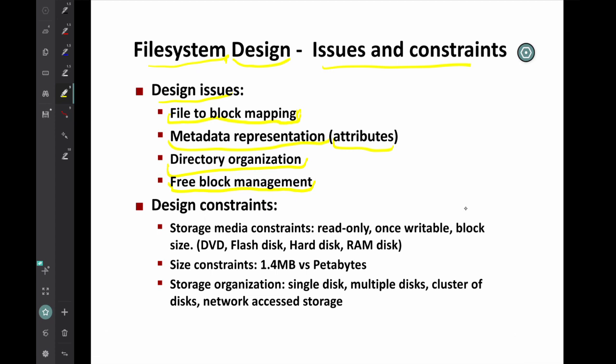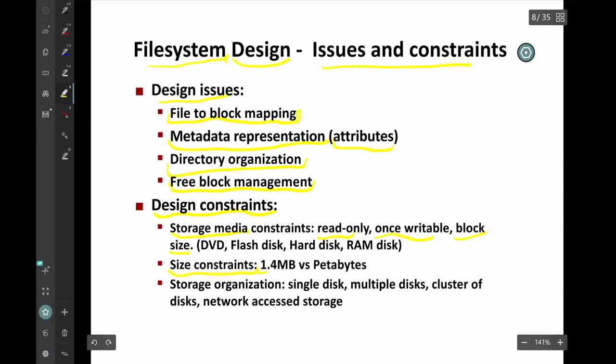And while we do them, we have to operate under the constraints that are imposed by the storage media that we have. So obviously, whether it's read-only or writable only once, or its block size and so on. And we have to think about the size constraints, meaning how big a disk we want to support.